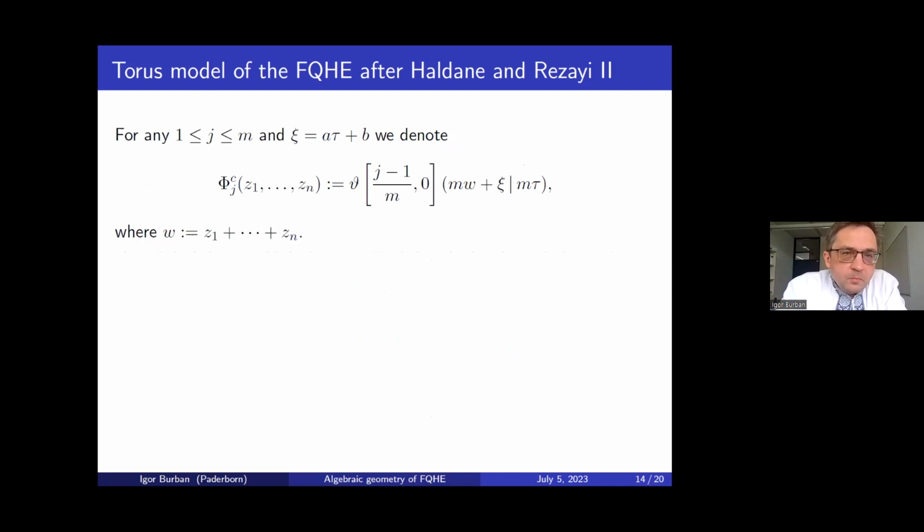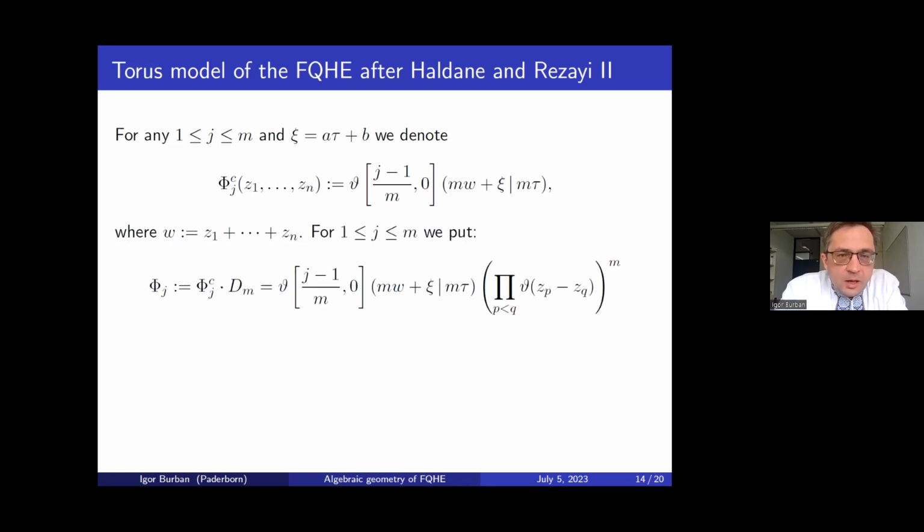Now let me define, for any value j between 1 and m, the following expression involving a theta function with characteristics. And I multiply this function phi_j^c, c stands for center, with this discriminant D_m.